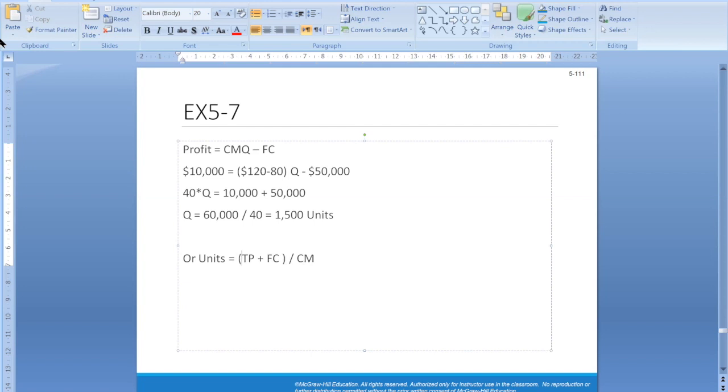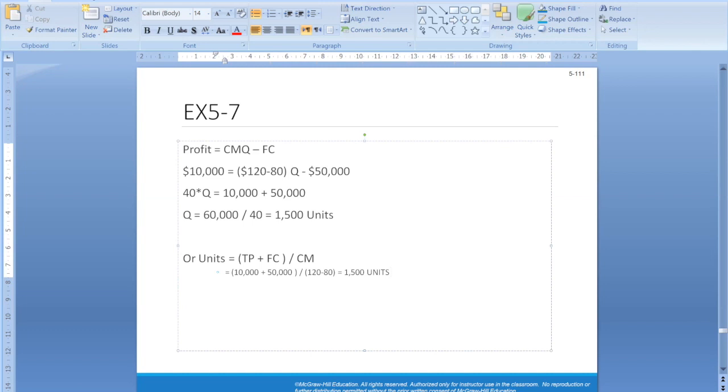So we can say this equals target profit here, 10,000, plus fixed cost, 50,000, all divided by the contribution margin, which is 40, or 120 minus 80, right? So 60,000 divided by 40, and this equals 1,500 units.